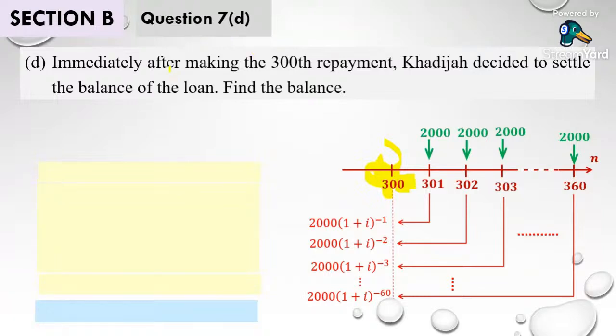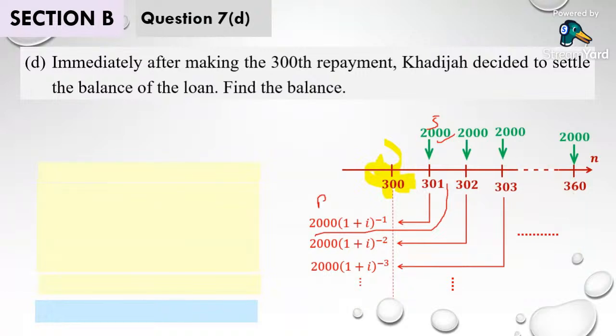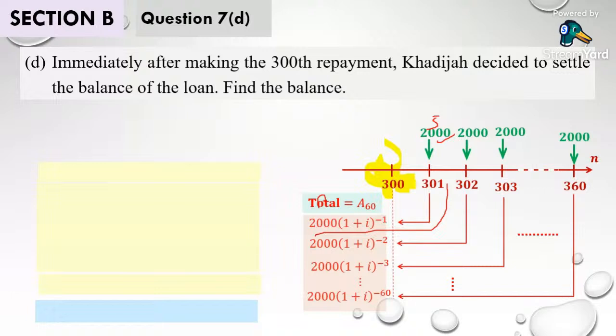So again, the idea is just a simple compound interest calculation, as if I refer to this 301 here. This is the P, this is the S. If this is the S value after 1 month, what is the present value? Itu saja. And then we total up all these amounts, and it will be the total amount that we want to clear for the balance, which is A60.